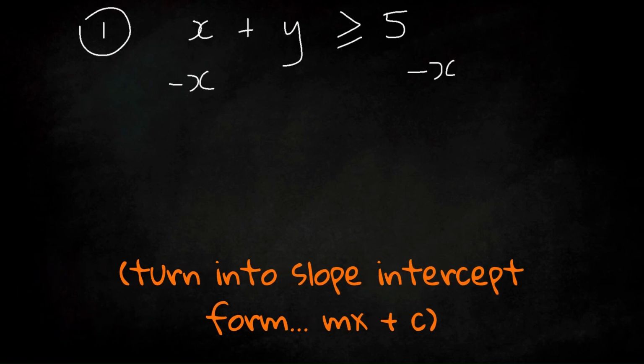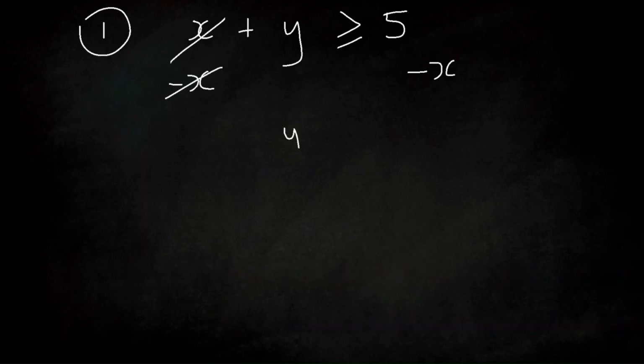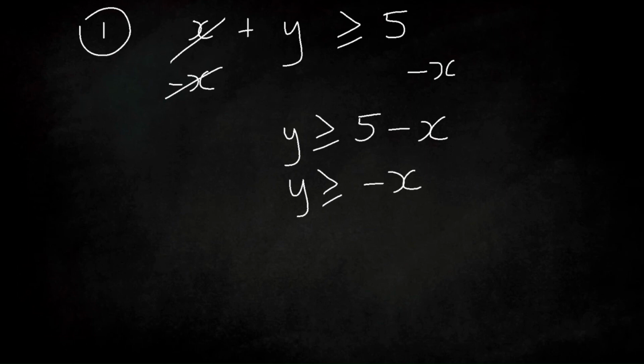The x's on the left cancel each other out. Then we are left with y is greater than or equal to 5 minus x. This is the same as negative x plus 5.